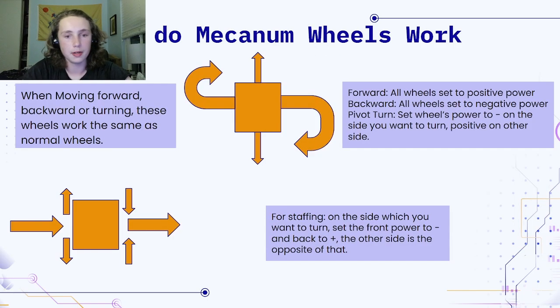Now, moving on from the control hub, we're going to talk about how the wheels actually work for robotics. We use wheels that are a bit different from your average everyday car wheels.